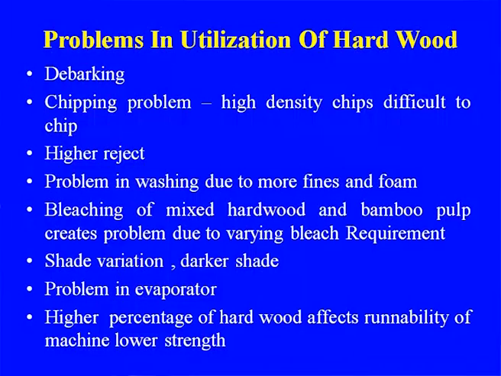As I told, in case of softwood the fiber length is higher, and a higher percentage of hardwood affects the runnability of the machine because of the lower strength. We have tried 100% hardwood in the paper mill, but the problem was in the smooth running of the machine. Even the quality of the pulp we were getting was inferior, so normally we are not using 100% hardwood.